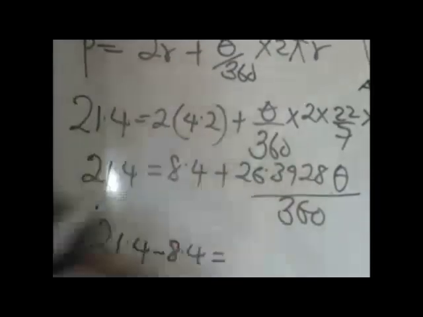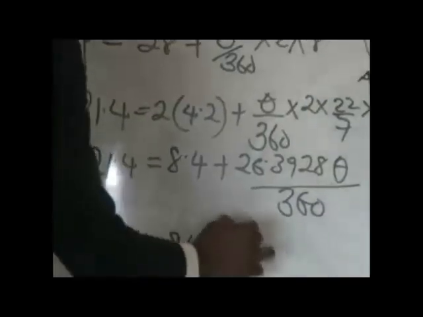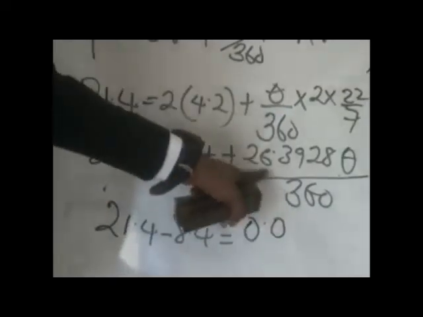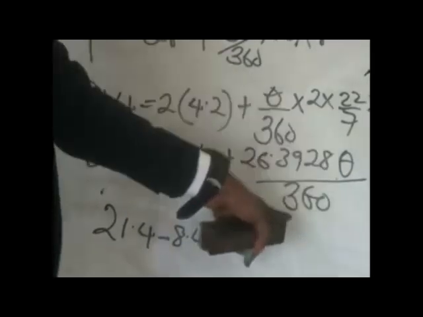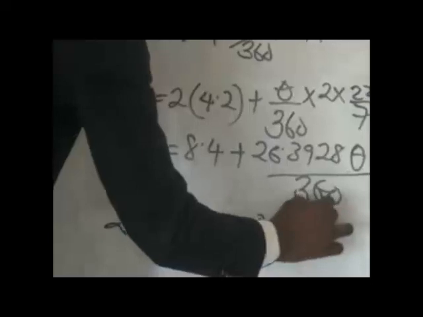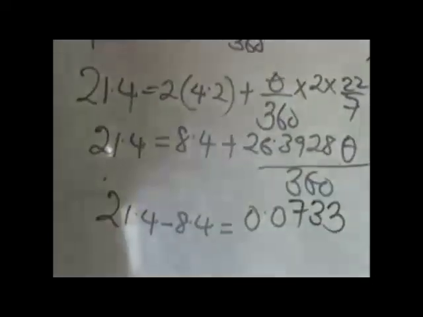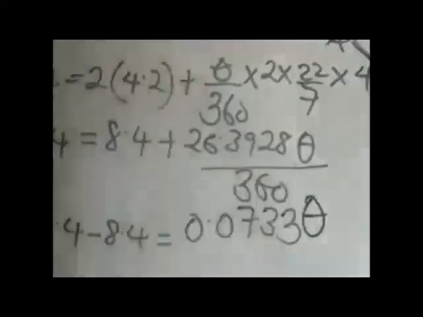Now 26.3928 divided by 360 will give you 0.0. Are you following? As in you are going to divide this by this. Press your calculator, 26.3928 divided by 360 will give you 0.0733. Then theta comes here.